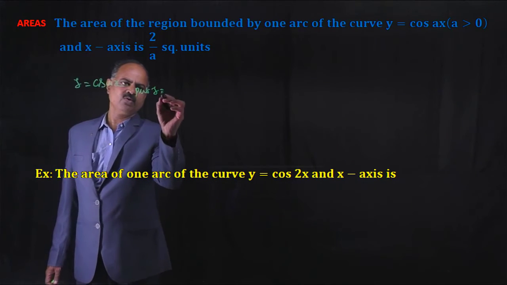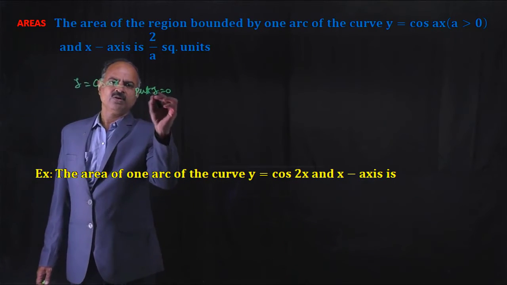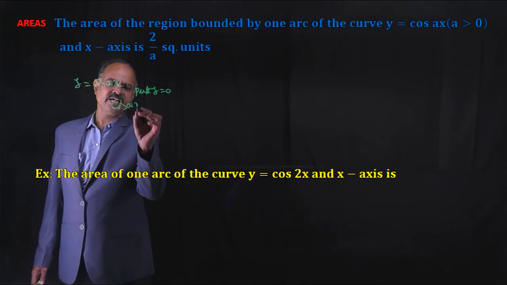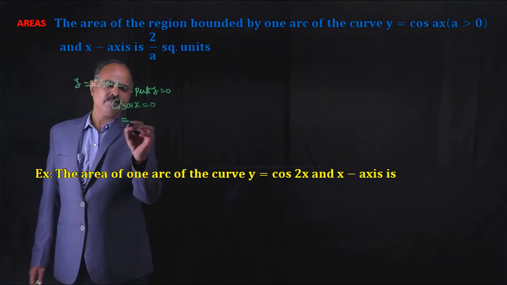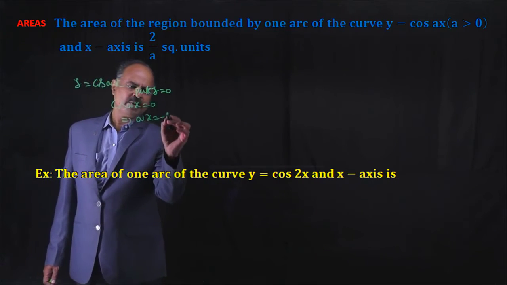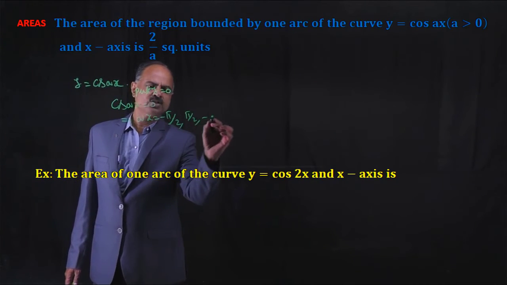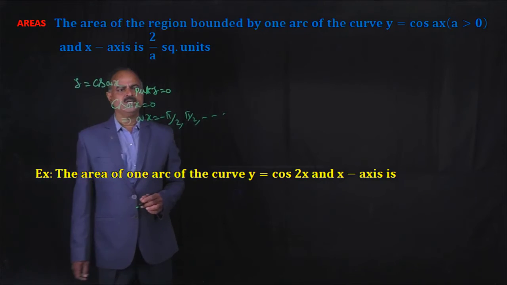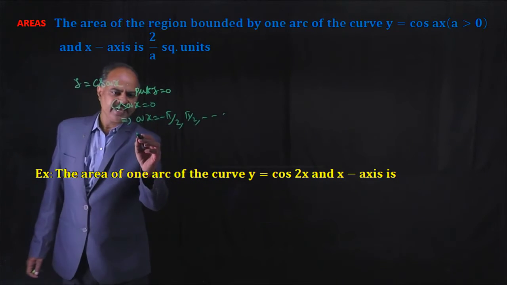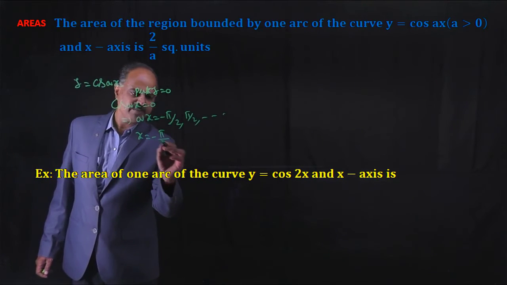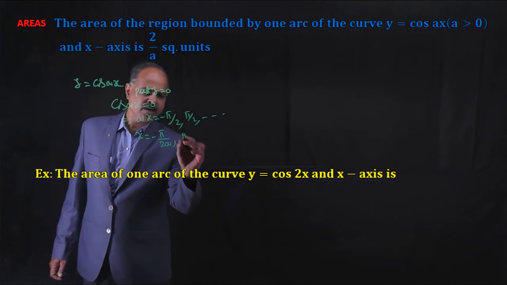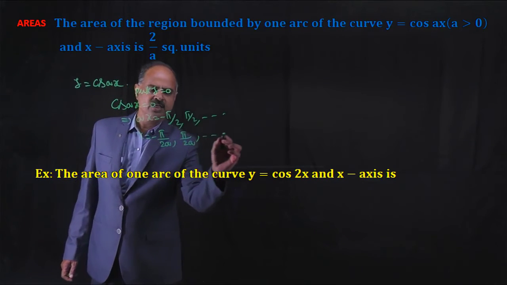Now cos ax equal to 0. This implies ax equal to minus pi by 2, pi by 2, 3 pi by 2 and so on. So x equal to minus pi by 2a, pi by 2a and so on.